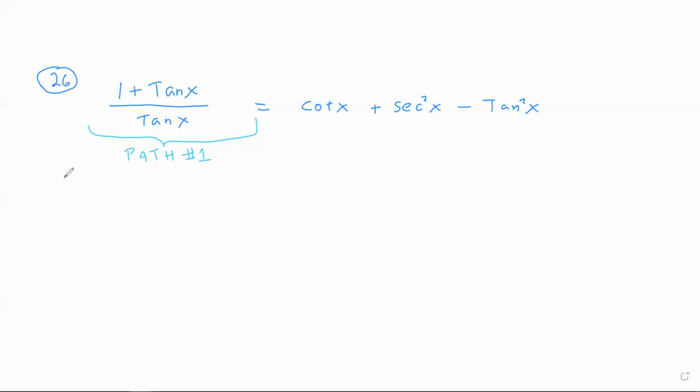I'm going to separate this, and this is going to be equal to 1 divided by tangent plus 1. And 1 divided by tangent, I know that that's cotangent, plus 1.